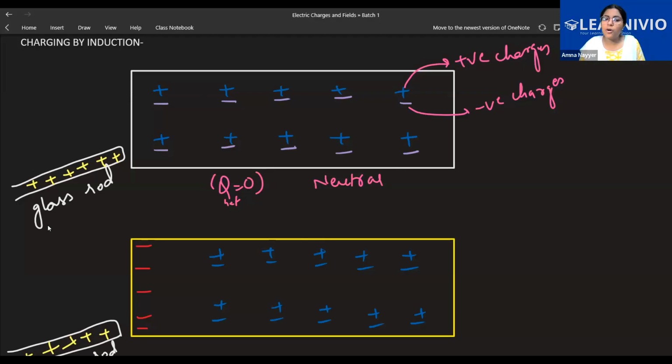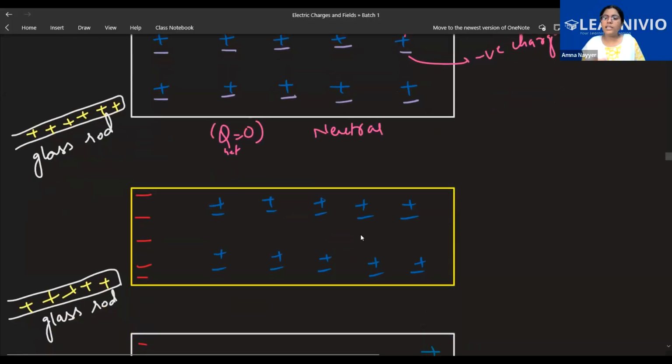I have brought a positively charged glass rod. I had a glass rod and I made it positively charged, and I just brought it near the conductor. So positive charges will attract what kind of charges? Negative. After a certain period of time, all the negative charges will start to accumulate towards the end near the glass rod.